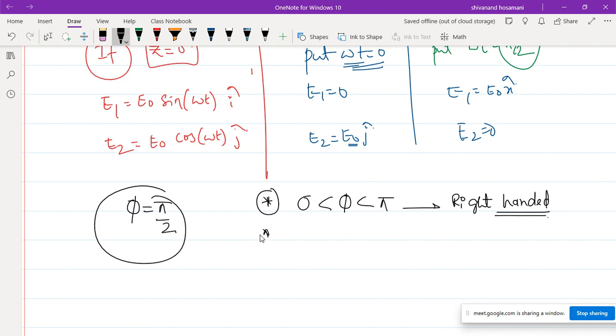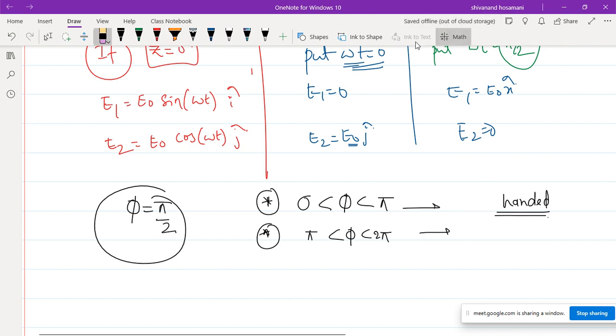If it is pi to 2 pi, then it is left-handed. Is that correct, Sunil? No, sir, it is reversed. 0 to pi is left-handed, sir. So yes, that's right. So it is left-handed. Then pi to 2 pi is right-handed.